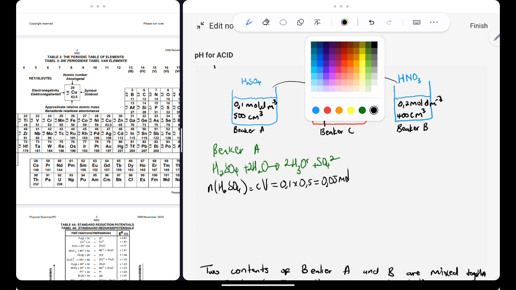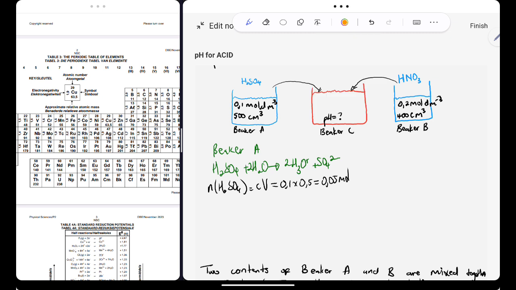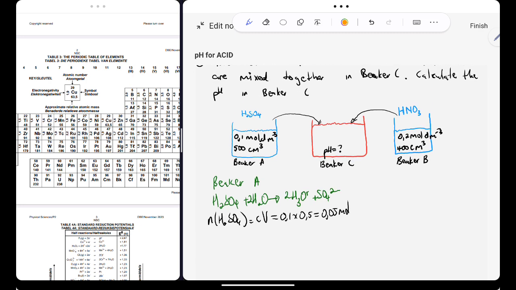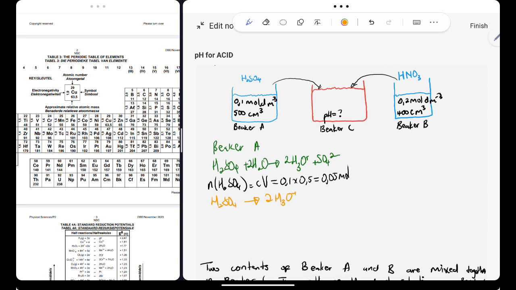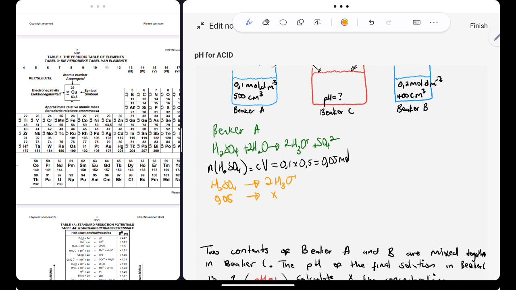But what do I know? I simply know that 1 H2SO4 will give me 2 of the hydronium ions. Are you together? So now I have 0.05. I want to know how much of the hydronium ions I will form.